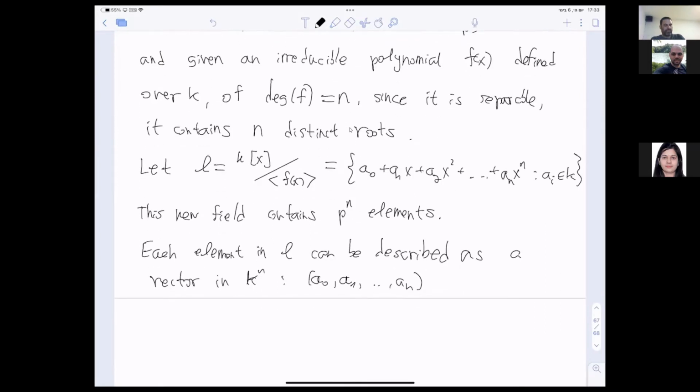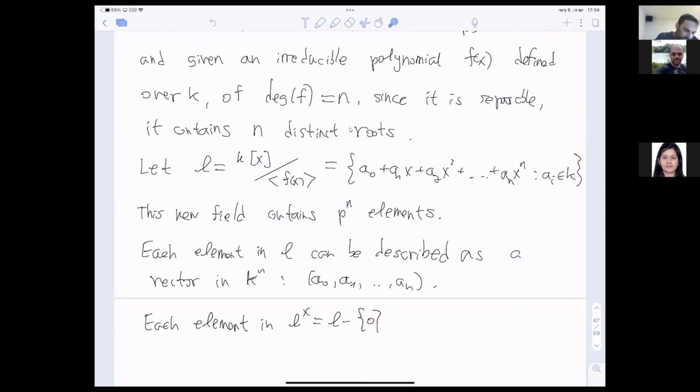And each element in L star, which is L without the vector 0. If you write it usually in L, you don't have to write vector, it's just the 0. But if you write it in this description, it's the 0 vector.